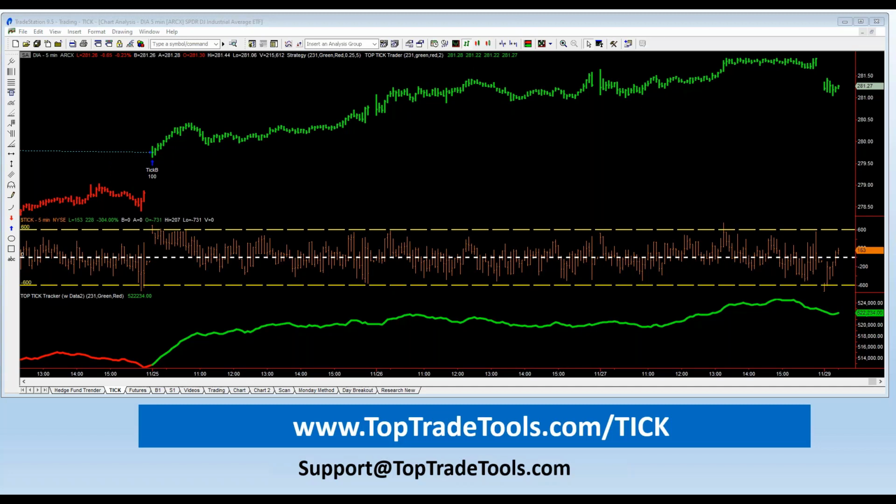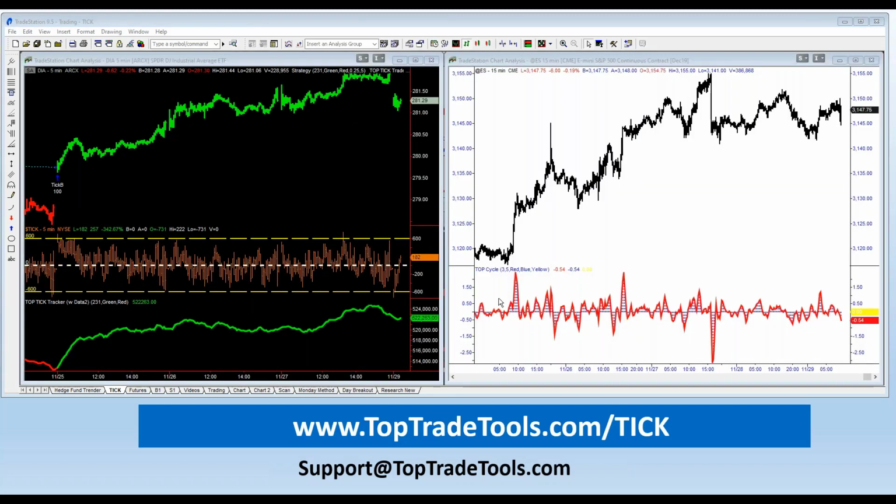All right, so this is the way I would look at this. I just configured my workspace here. On the left side, I've got my indicator, the top tick tracker and the top tick trader. They're green, obviously. If I'm looking over at the right chart with my S&P 500, don't forget these are 9:30 a.m. to 4 p.m. markets on the left, the stock market, and on the right, the futures trade 24 hours.